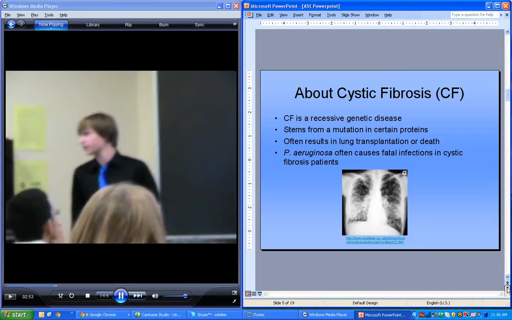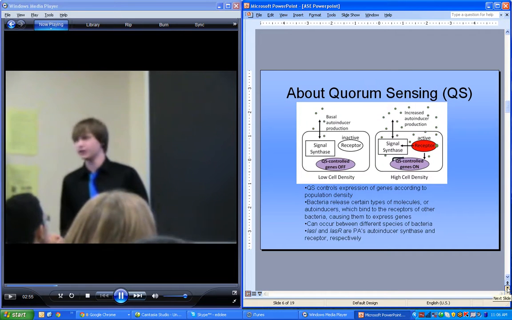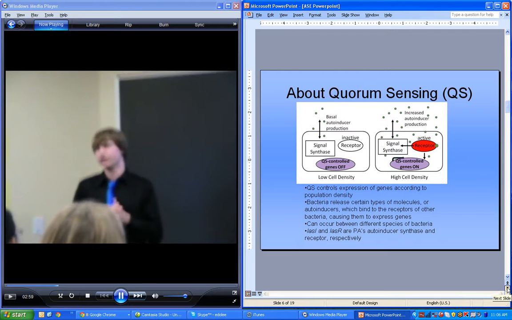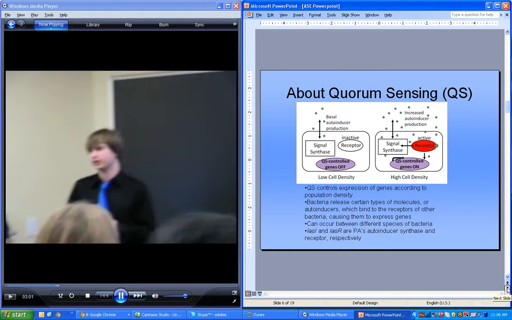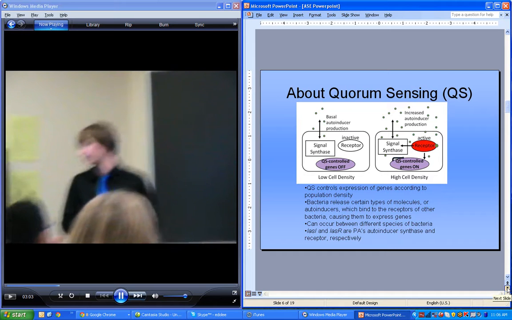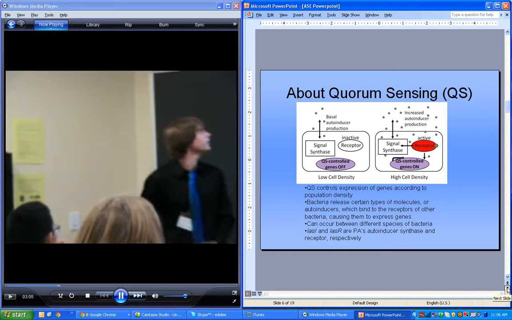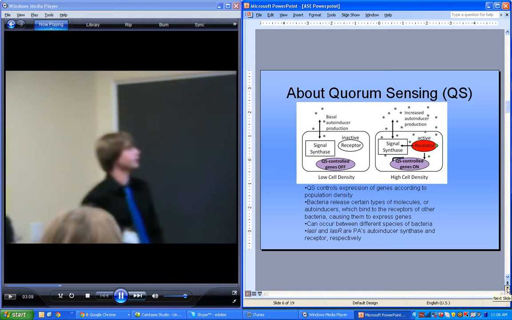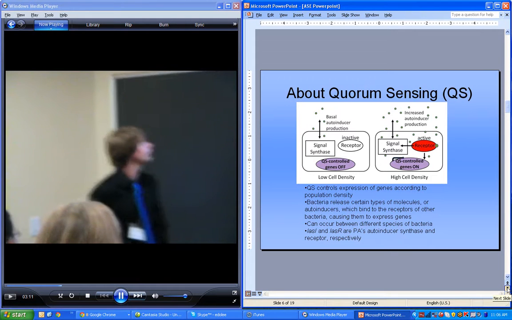And now about quorum sensing. This is basically how bacteria communicate in response to cell density to express virulence genes. You'll see here that signal synthase is producing autoinducers at a fairly low rate in response to low cell density.